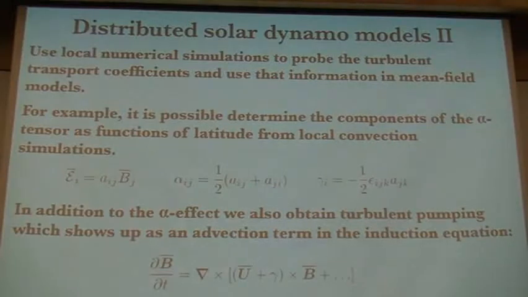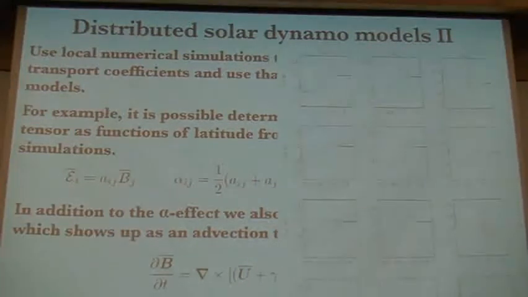Okay, so now we can do this for different latitudes, and I feared that this figure would be bad. It's not as bad as I thought. So here we see there are 4 different latitudes and the 3 different diagonal components of alpha. So we see that alpha is highly anisotropic, and here alpha YY, this is now the most important part for the solar dynamo, corresponding to alpha phi phi in spherical coordinates.